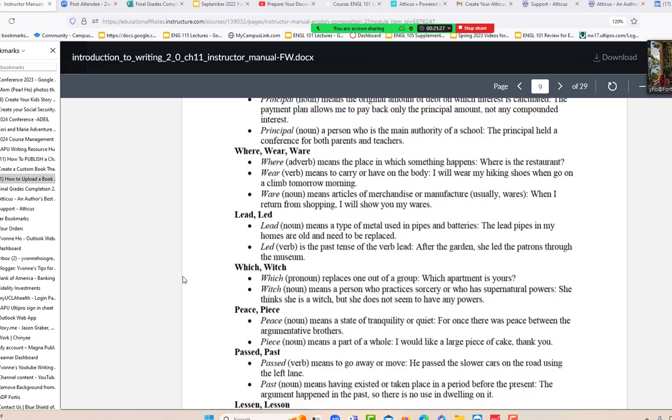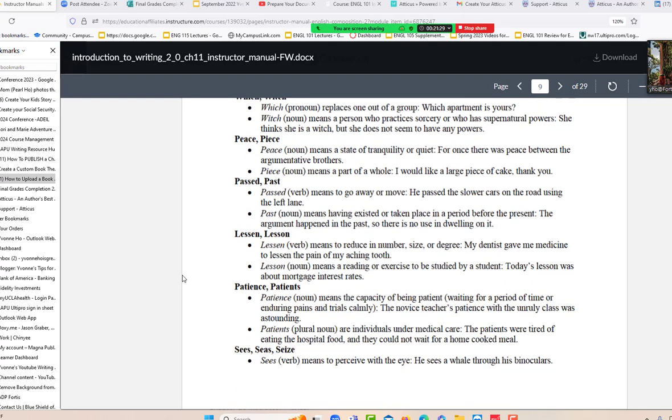Passed. He passed the slower cars on the road using the left lane. Past. The argument happened in the past, so there is no use in dwelling on it. Lesson and lessen. My dentist gave me medicine to lessen the pain of my aching tooth. Today's lesson was about mortgage interest rates. Patience. The novice teacher's patience with the unruly class was astounding.